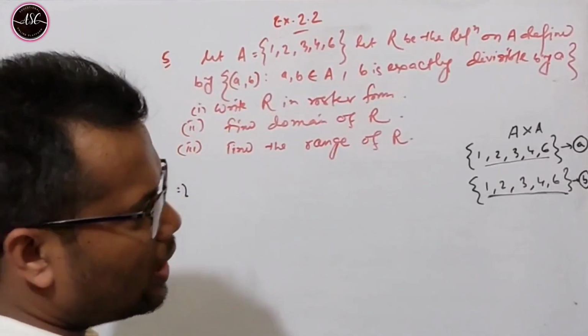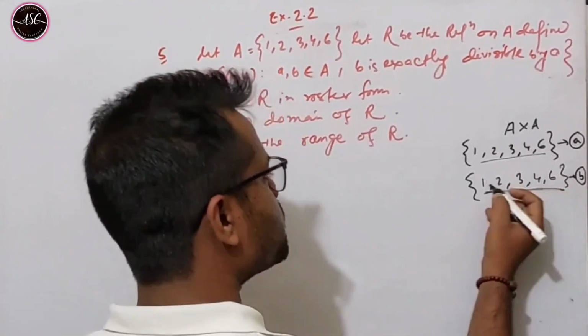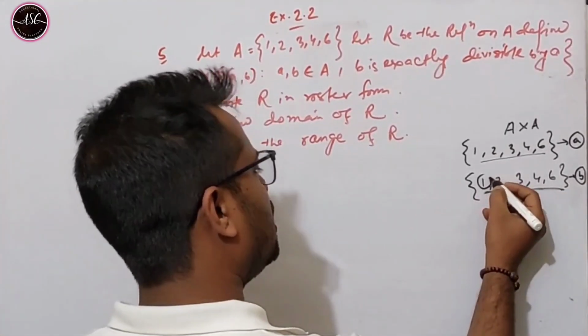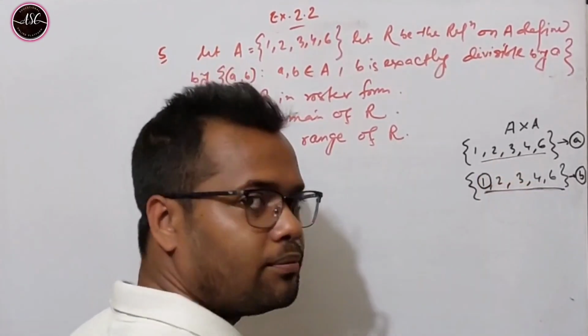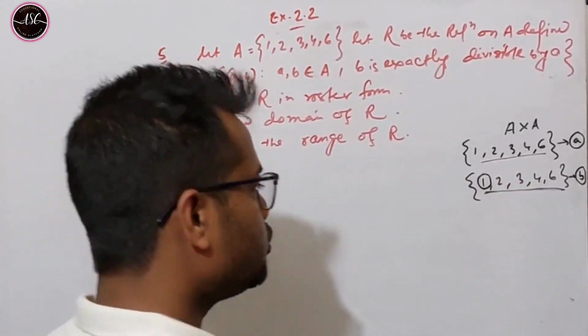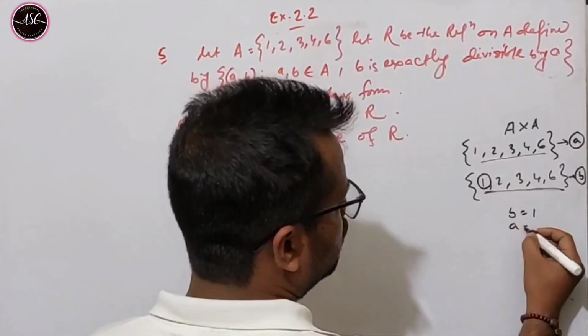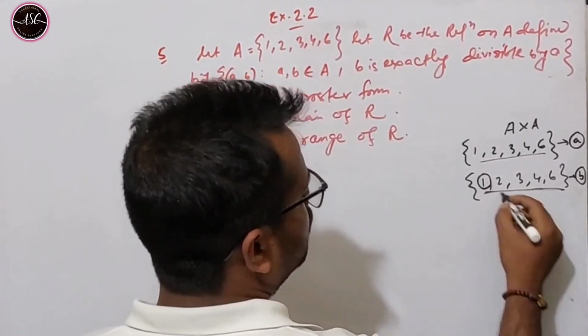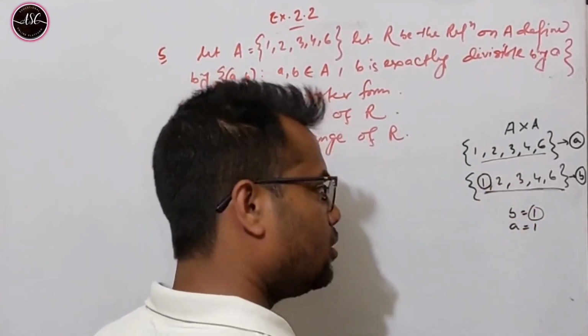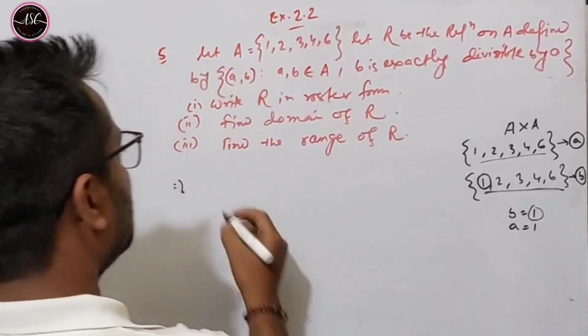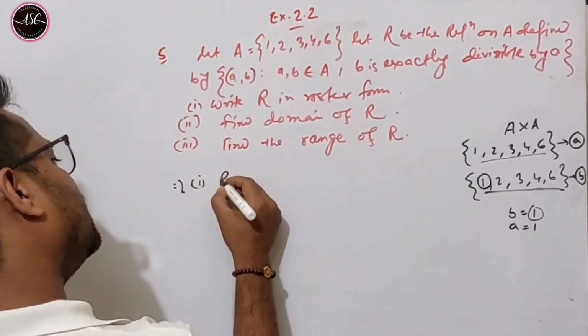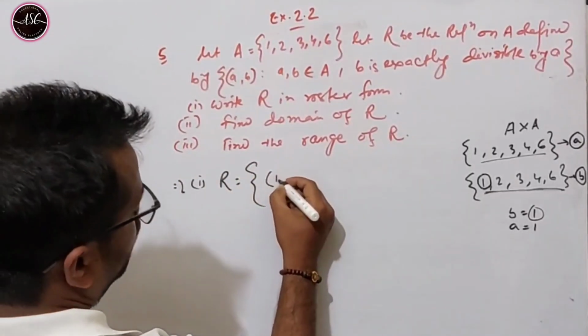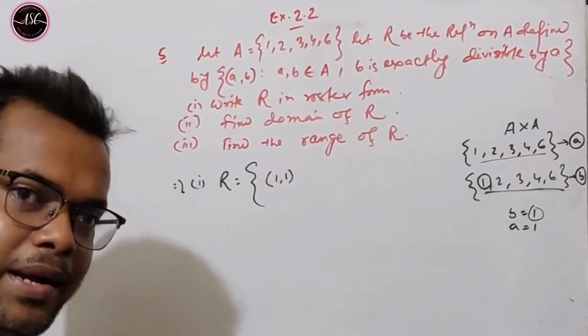So here just look, if we divide 1 by 1, so b equal to 1 and a equal to 1, so this can be divisible. So in R we can write this as (1, 1), b is 1 and a is 1.